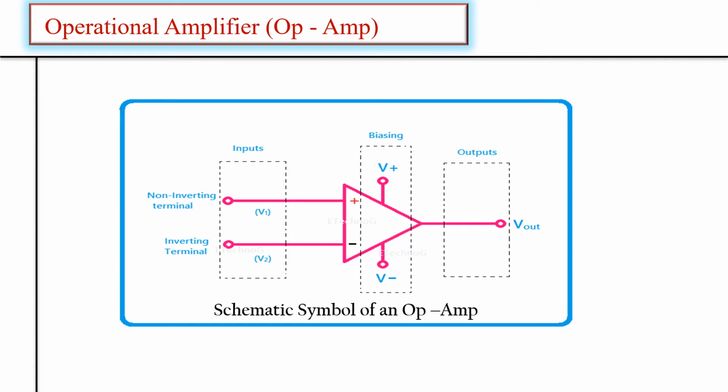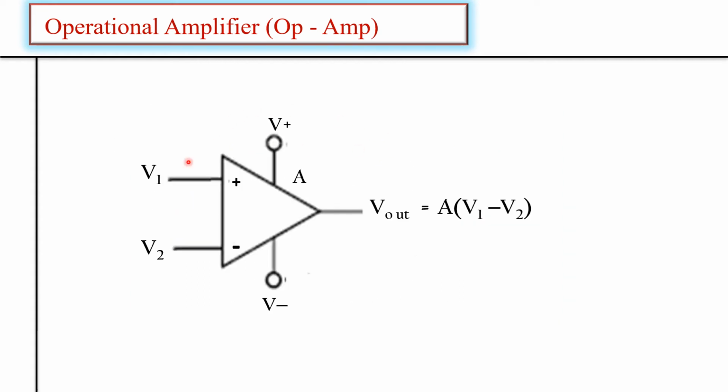Clear? Now if you see this operational amplifier, it is one kind of differential amplifier with a single output. It means that this amplifier amplifies the difference between the inputs, that is V1 and V2, applied to this operational amplifier, and the gain of this amplifier is A. Gain is nothing but output voltage upon input voltage.